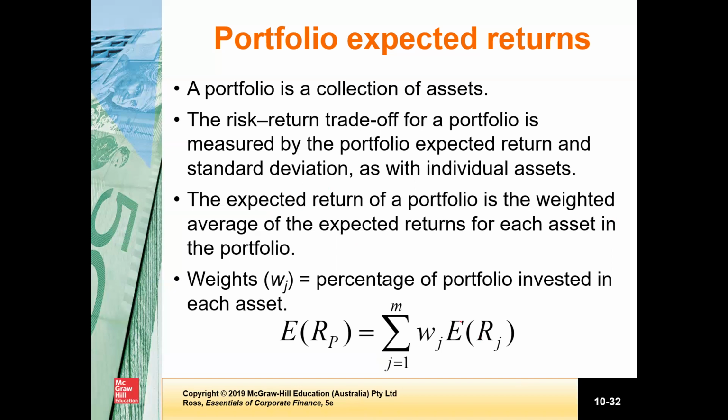If you have multiple assets in your portfolio, we calculate the expected return for each of the assets. We have learned how to calculate expected return for each asset in the previous video. Then we multiply by the weight of each of these assets and sum them up, so we get the expected return of the portfolio.